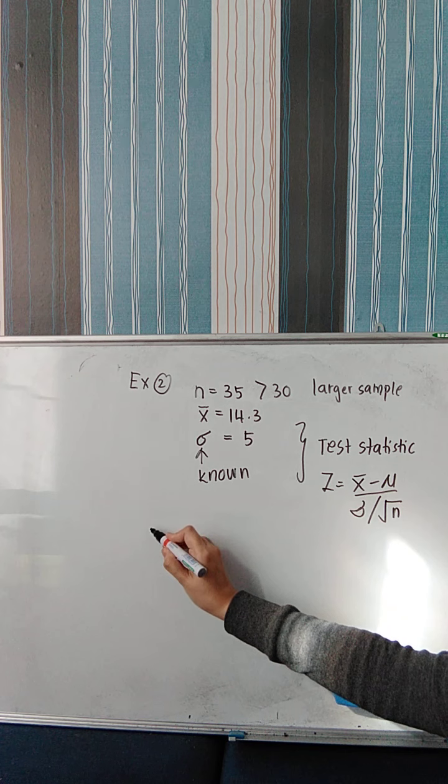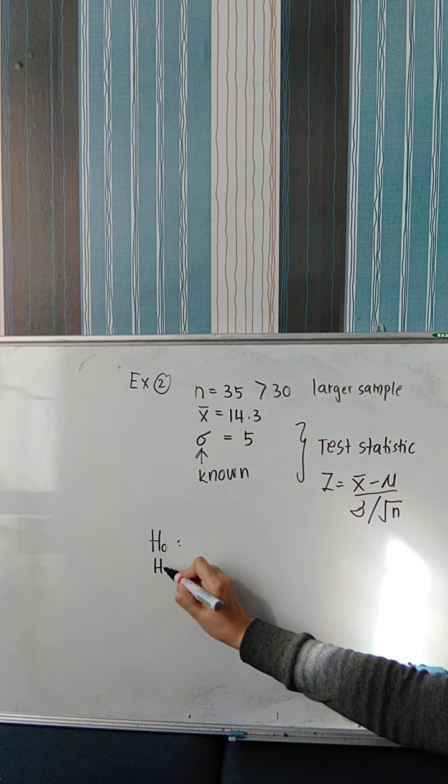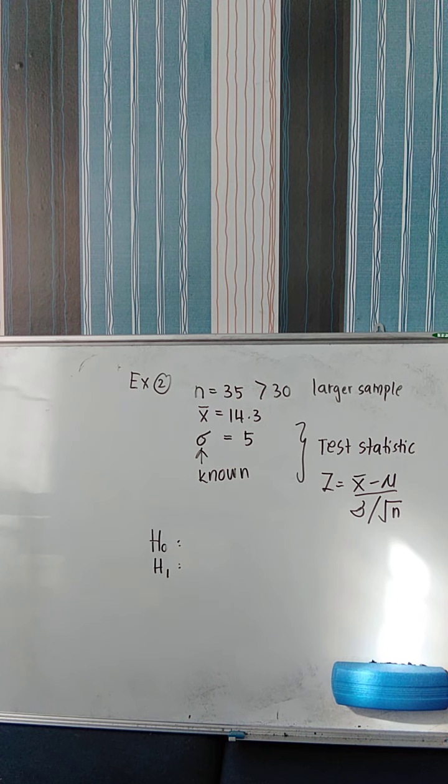Z equals X bar minus mu over sigma divided by square root n. Next we continue to find the H0 and H1. Using a 0.05 level of significance, is there sufficient evidence to conclude that the average evening long distance call has decreased? Has decreased means less than.